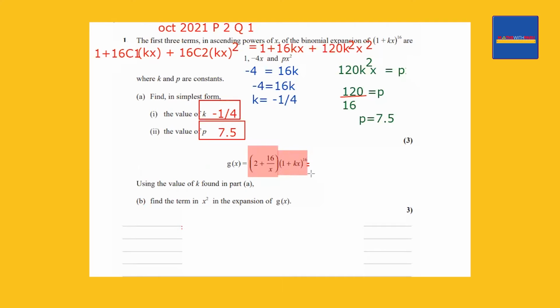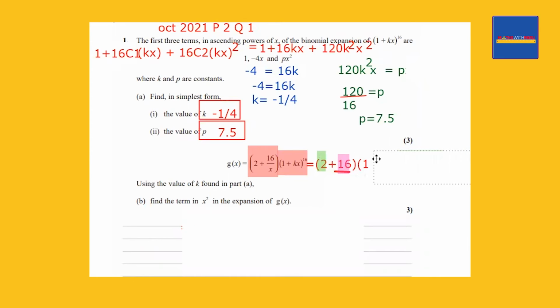Now we already know our first terms. The first terms are going to be 1 plus 16kx plus 120k squared x squared, and we can also rewrite them by substituting the values we have.